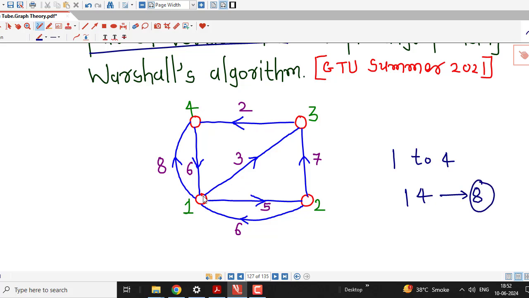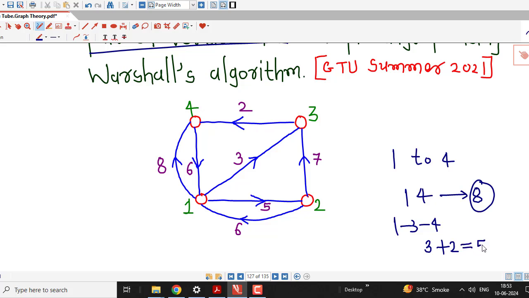Now if I consider this path, I can go from 1 to 4 along this path also. First I will go from 1 to 3 and then from 3 to 4. If I take the sum of these weights, from 1 to 3 I have weight 3, and from 3 to 4 I have weight 2.